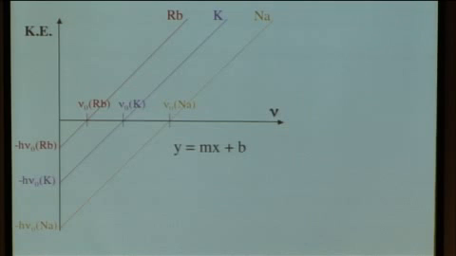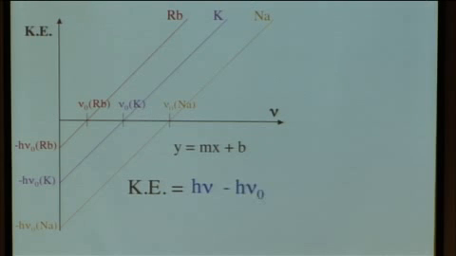So he decided to go ahead and define exactly what this line is in terms of these new constants, this constant he's calling h, which is Planck's constant. On the y-axis, we have kinetic energy, so we can plug that in. The x-axis is just the frequency of the light that's coming in. We know what m is: m is equal to h.